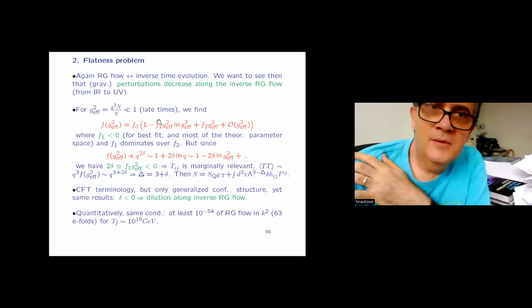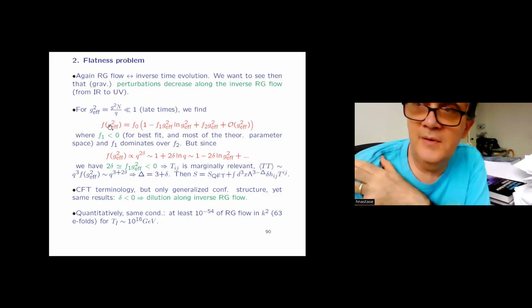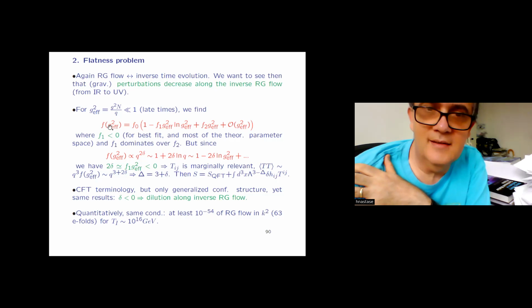So that amounts to just seeing what happens to this function f that appears in the two-point function of energy momentum tensors. So this function f had this generic form, but then we look at the coefficients now.